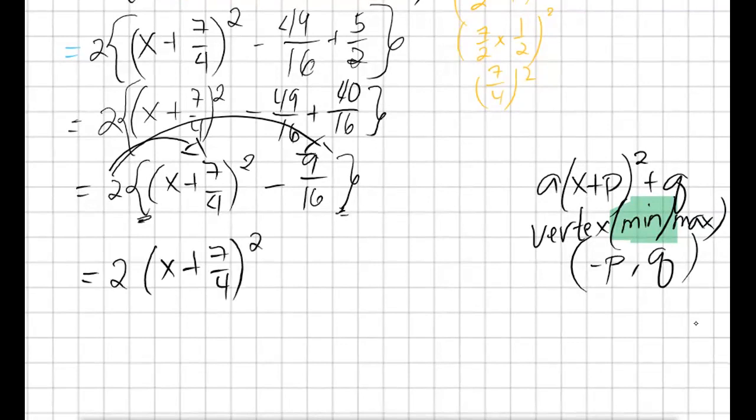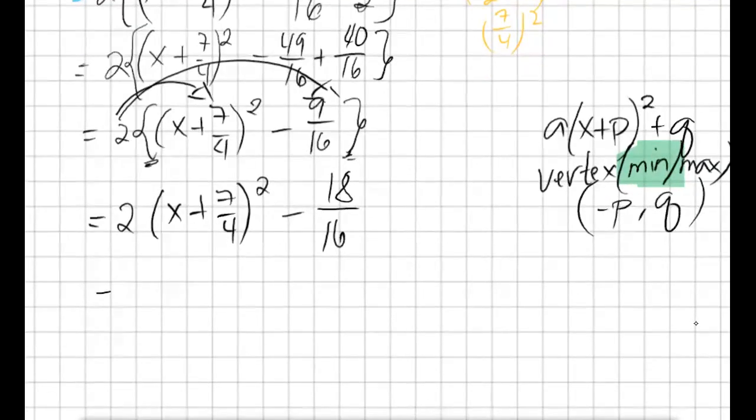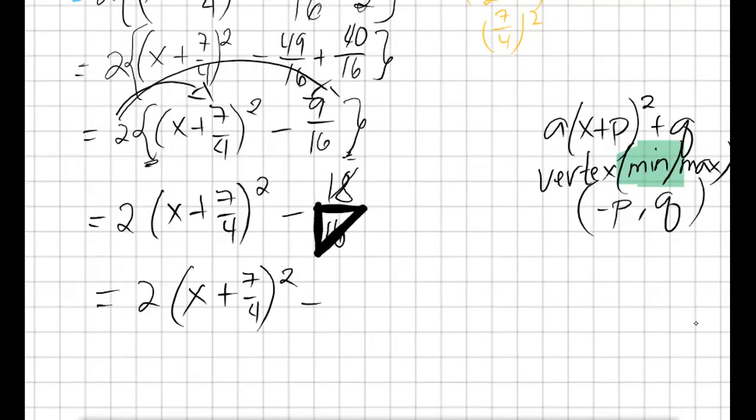Then 2 times 9 is 18 over 16. Then to simplify that further, it would look like 2 times x plus 7 over 4 squared minus, this can be cancelled out, right? By dividing by 2, 9 over 8.